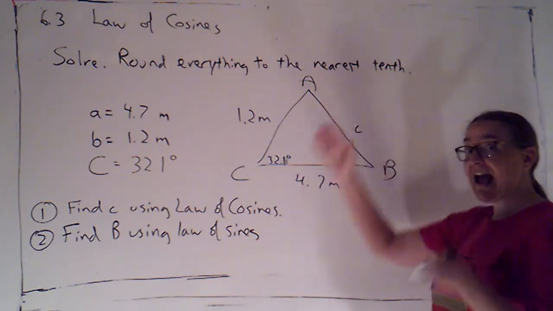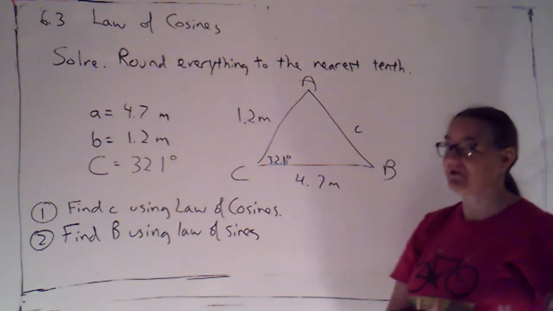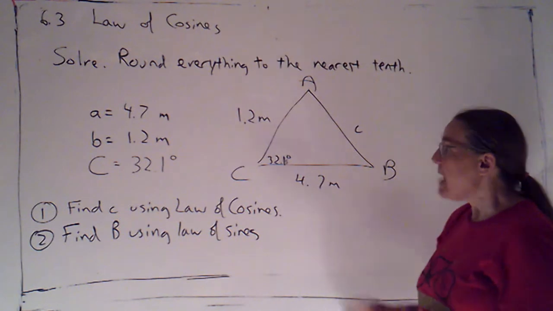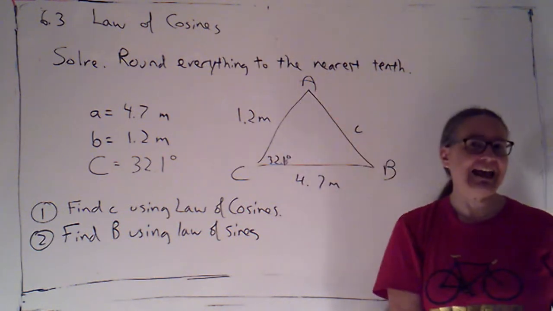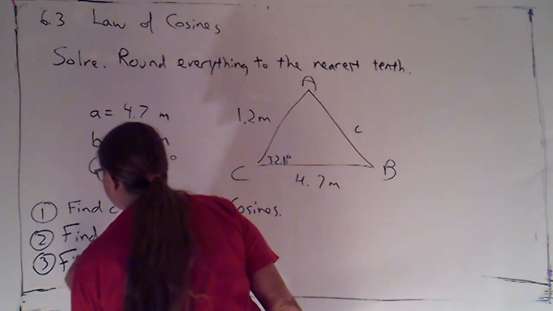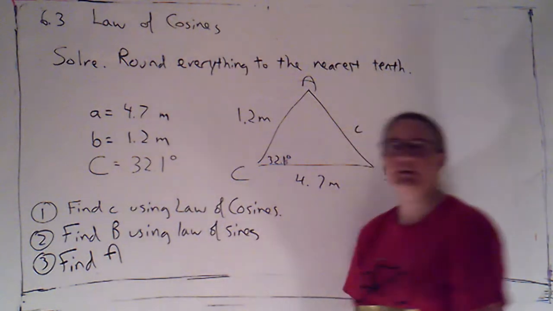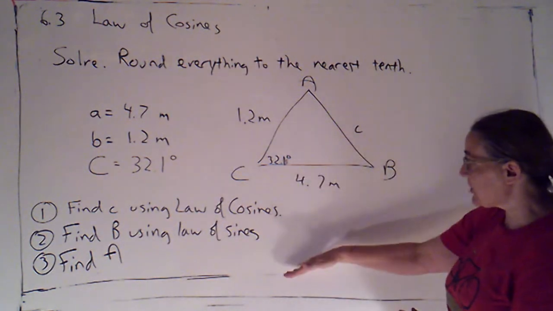With A, I wouldn't know, if I knew the sine, whether it was the acute or the obtuse angle that had that sine. But once I've got B and C, then I can get A because they have to add up to 180 degrees. So then I can find A, and that's just by using the sum of the angles in a triangle. Okay, so that's our strategy.